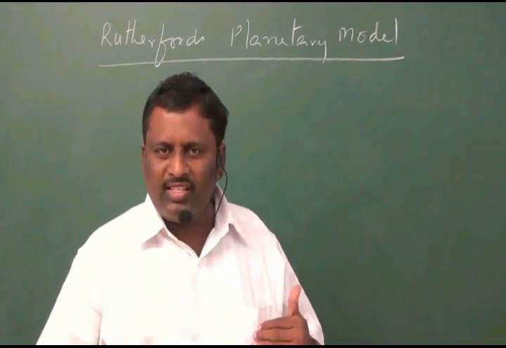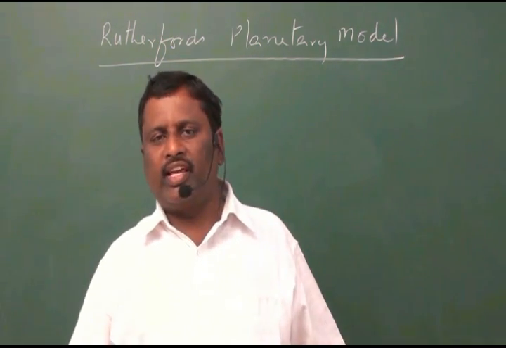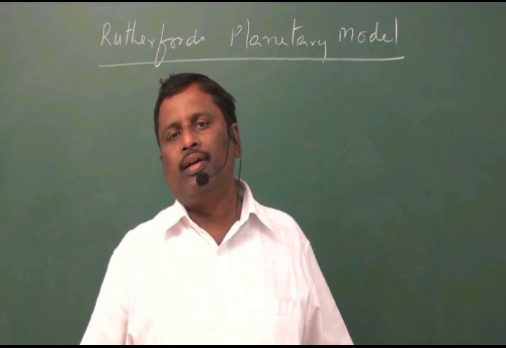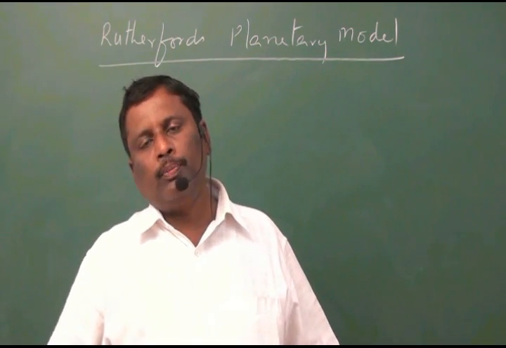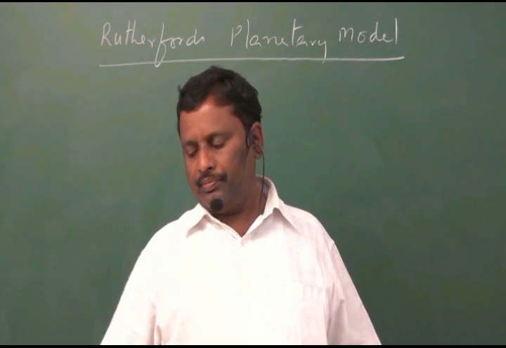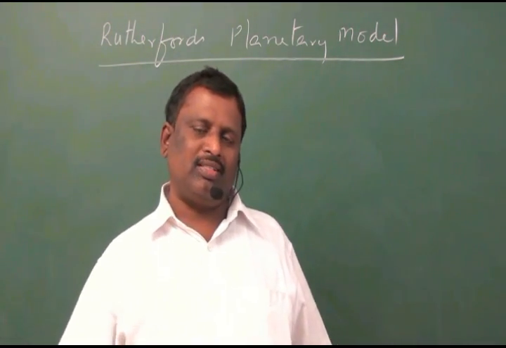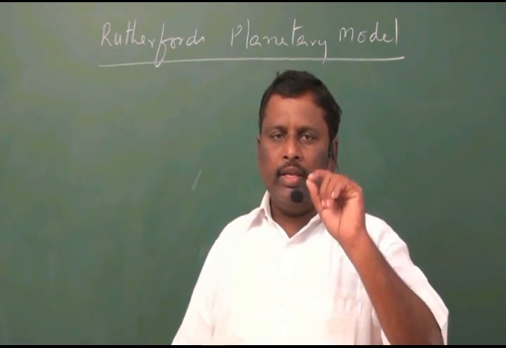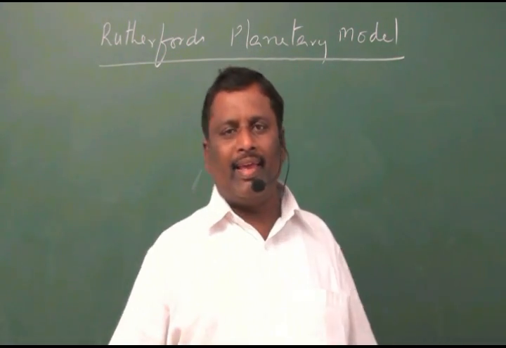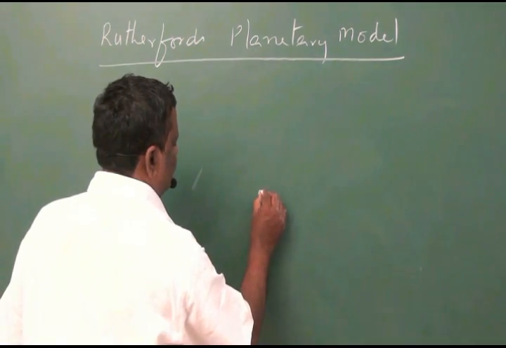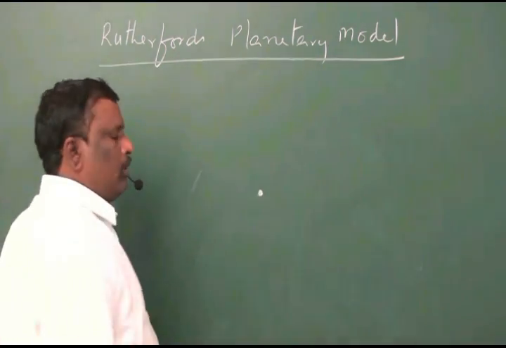From the results of the alpha ray scattering experiment, and after analyzing the results, Rutherford proposed that in any atom, the whole positive charge and mass of that atom is concentrated at a minute point called the nucleus.